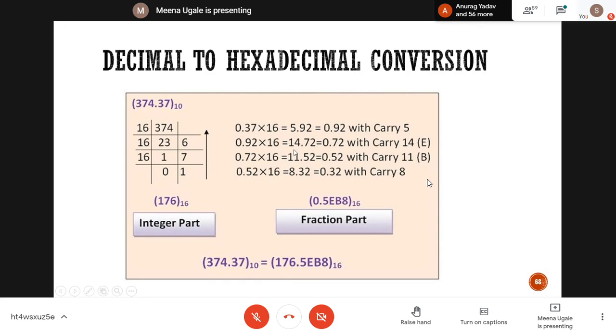This is the integer part, 5, 14, 11, 8, and you write down the equivalent for that. Exact opposite arrows, top to bottom and bottom to top. So your answer will be 5EB8 for the fraction part. For the integer part it is 176, and write it together.